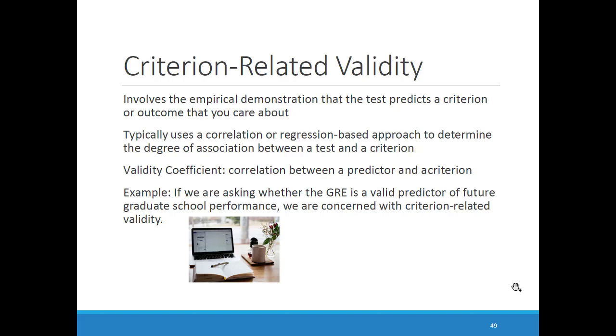One of the things that the Educational Testing Service, ETS, who creates the GRE, do is conduct studies. They take people's GRE scores and then find out how they've done in terms of future graduate school performance. And they correlate those to see, is the GRE able to predict people's future performance in graduate school?